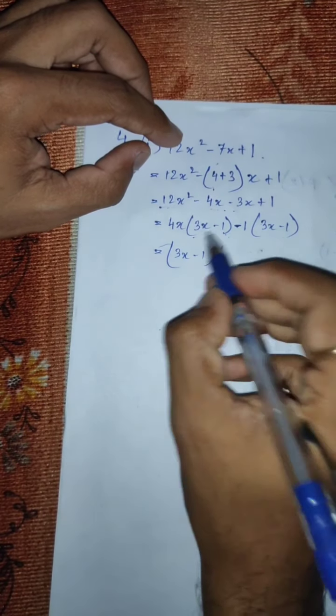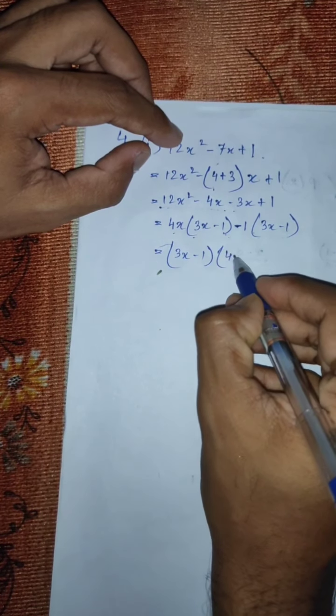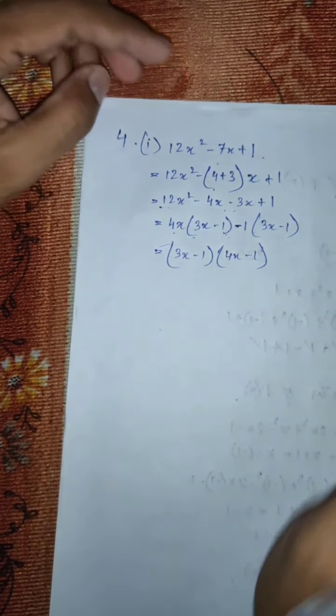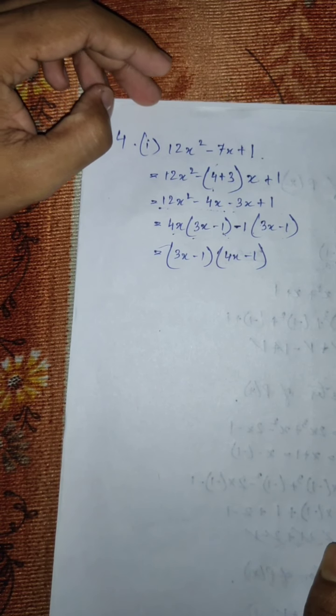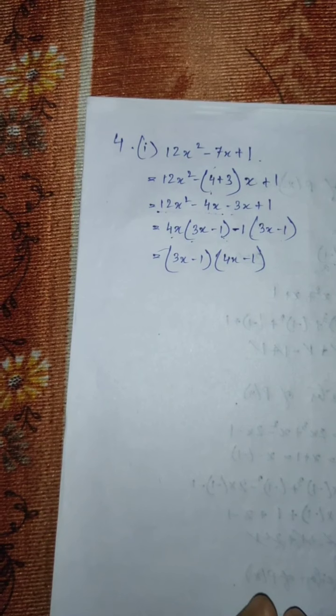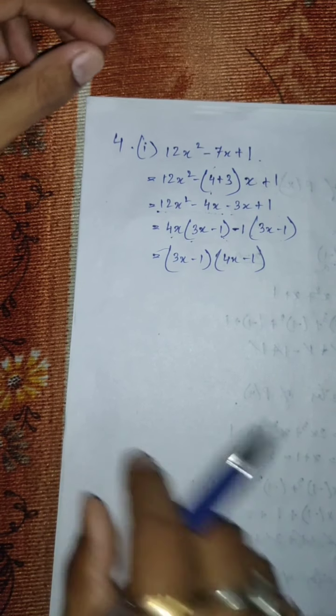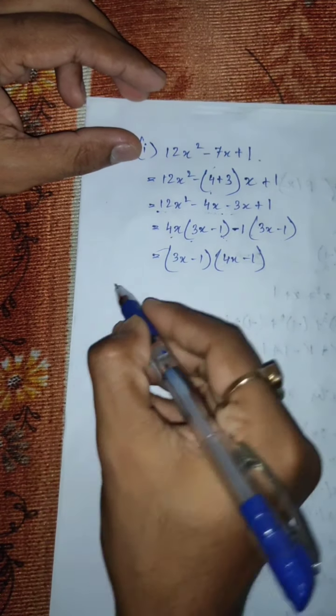After taking 3x plus 1, there will remain 4x plus 1. So this way we have got the factors. Alright, I am showing one with a negative sign, and see.